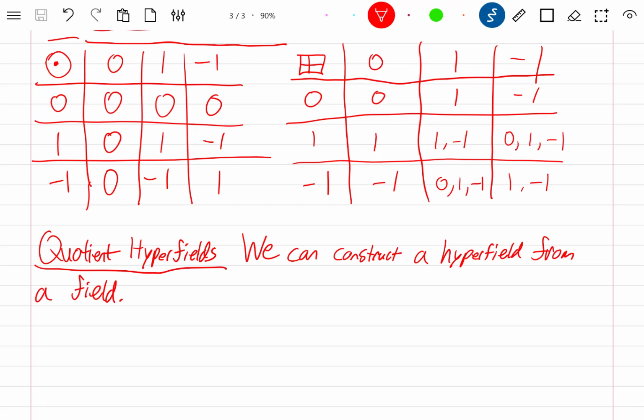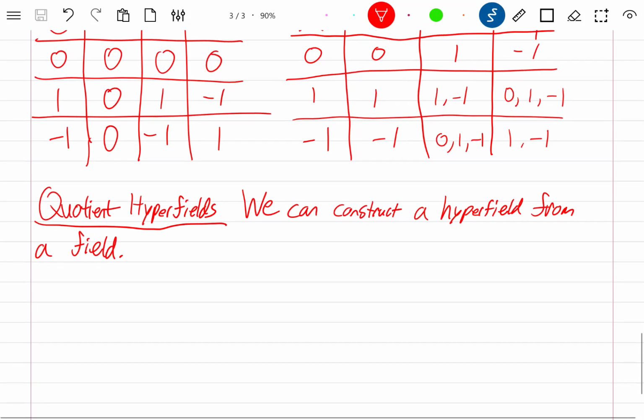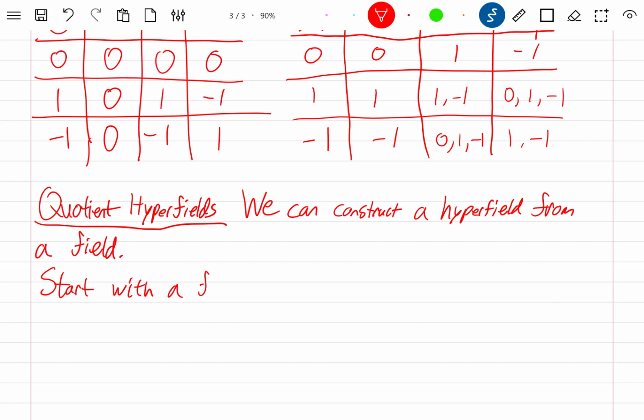So let's go over this construction. We start with a field F. We take a field F, and then we take G, a subgroup of the multiplicative group of F. And we define an equivalence relation.